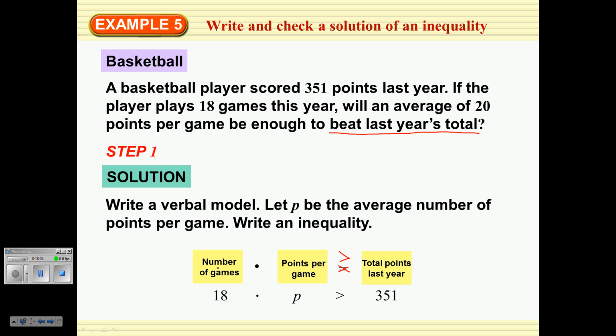Okay? The number of games times the points per game. So we don't know the average points per game. We're just asking if this is going to be a solution ultimately. We need to know if that's going to be enough. So here's our inequality to help us check our possible solution. 18 games times points per game will give us greater than 351 total points.